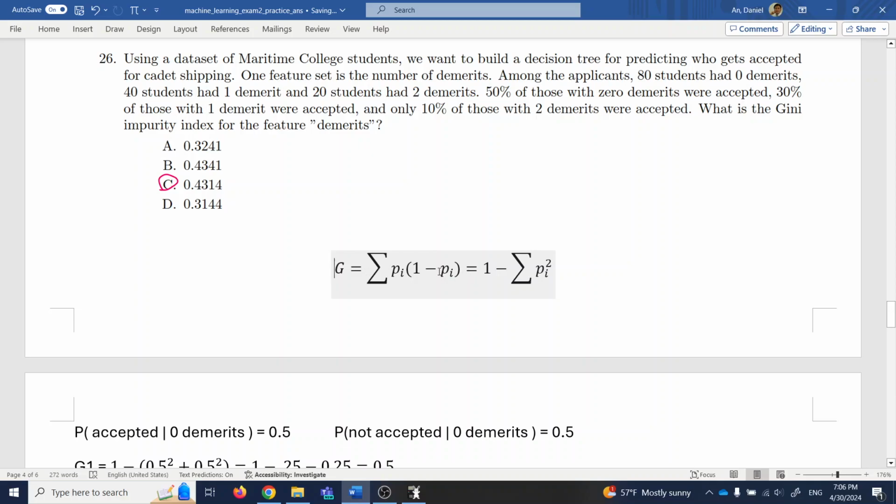The Gini impurity index will give you 0. It's called Gini impurity index because if everything is of the same possibility, it's perfectly pure. That has Gini impurity index 0.